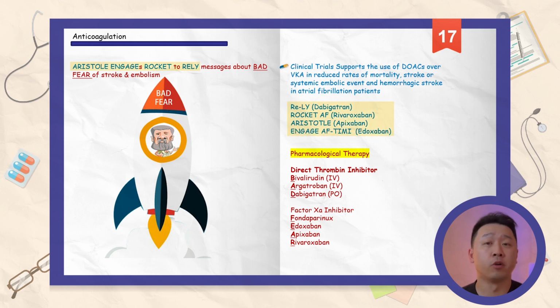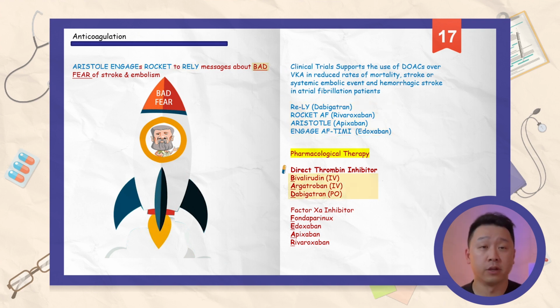The first components of the acronym are actually clinical trials that support the use of direct oral anticoagulants over vitamin K antagonists, otherwise known as warfarin, in reducing the rates of mortality, stroke, or systemic embolic events in atrial fibrillation patients. These clinical trials consist of RELY, ROCKET AF, ARISTOTLE, and the ENGAGE trial.